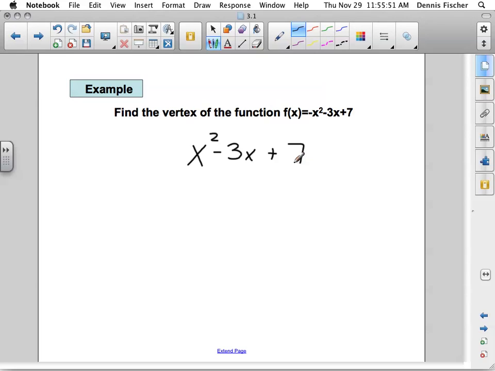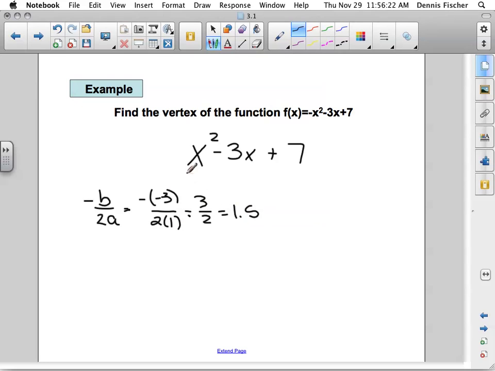I have a question. When you get to the negative b over 2a, then what do you do from there? When you do negative b over 2a on this equation right here, you get a negative 3 over 2. This is how I got my vertex, or my maximum. B is a negative 3, right? Yeah. Two negatives make a positive, so I get 3 over 2, 1.5.